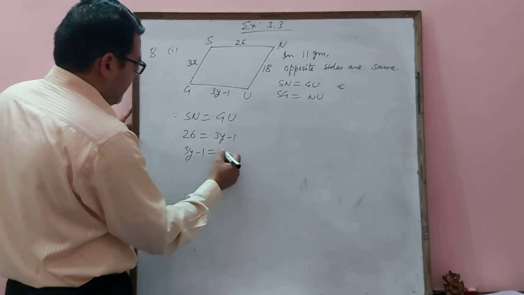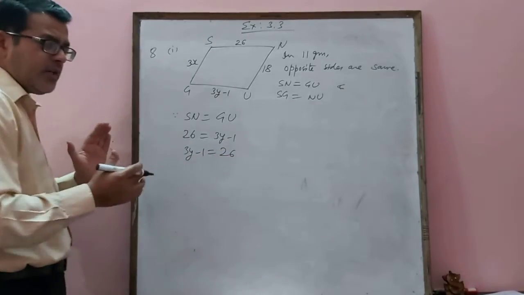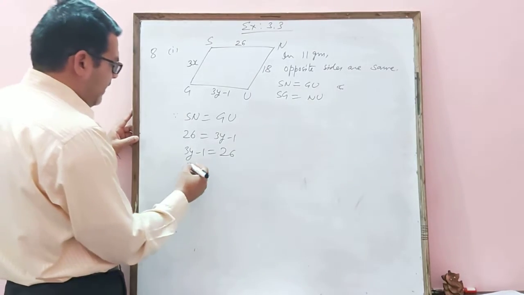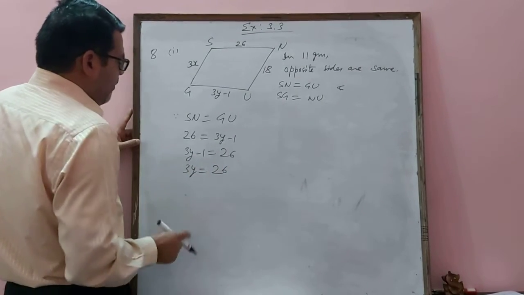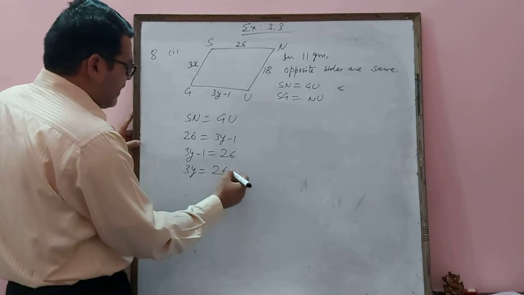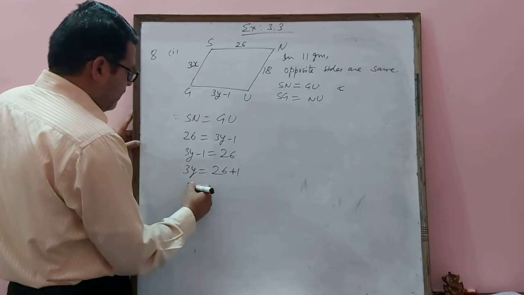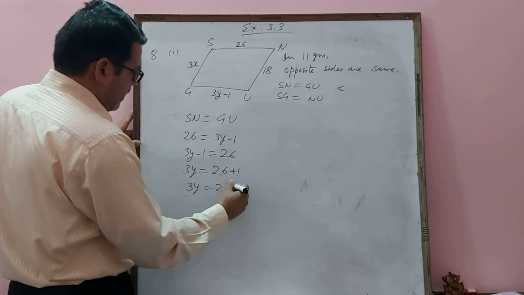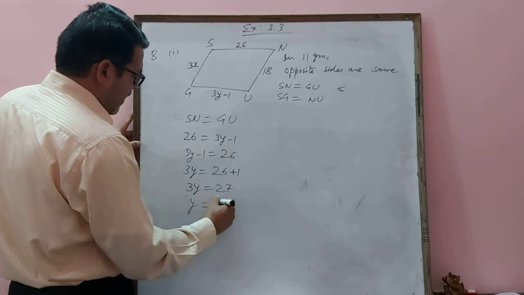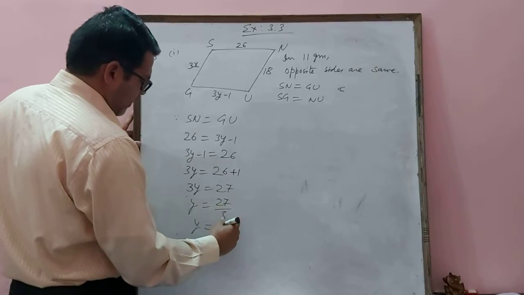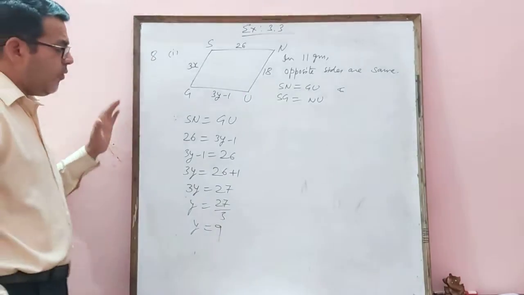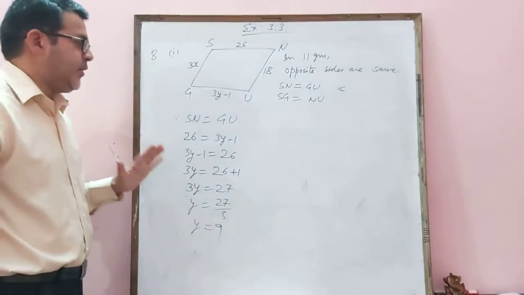We can change the terms and write it like this: 3y equals 26 plus 1, so 3y equals 27, and the value of y is 27 by 3, that is 9. So the value of y is 9.